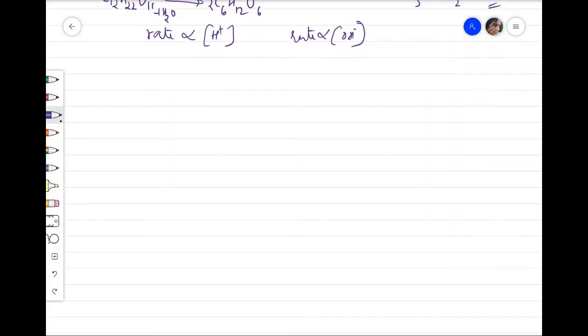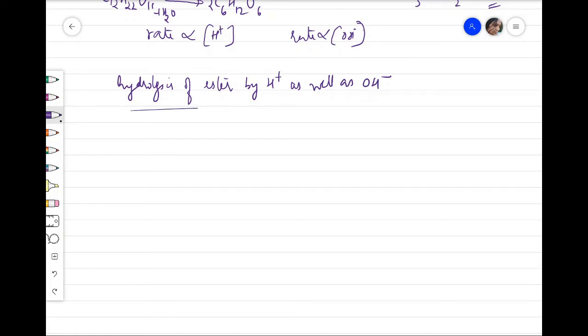Now let's go to specific H plus, OH minus ion catalysis, which we know as specific acid base catalysis. Here reactions are catalyzed by both the OH negative and the H plus ions simultaneously. An example is the hydrolysis of ester, which is done by H plus as well as OH negative.